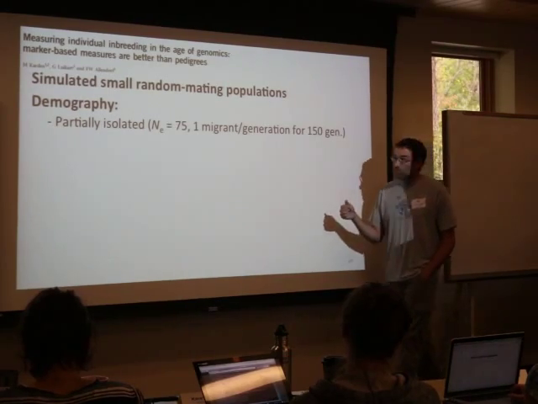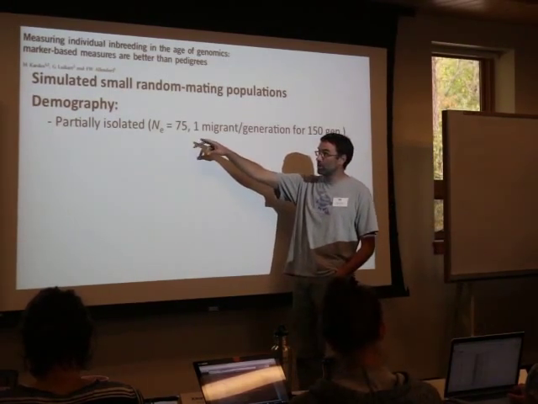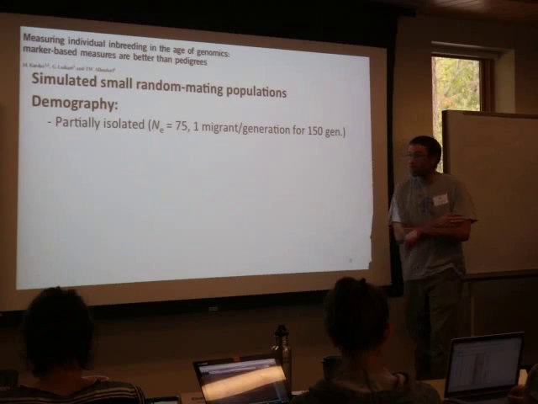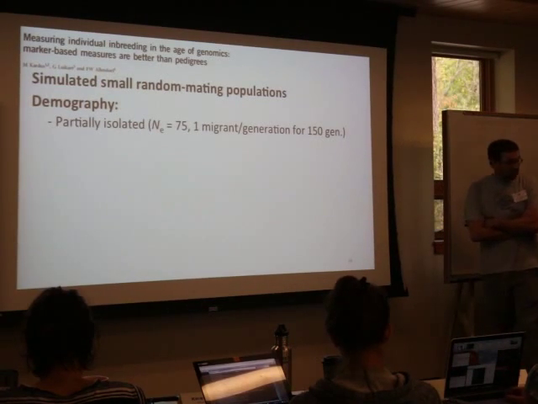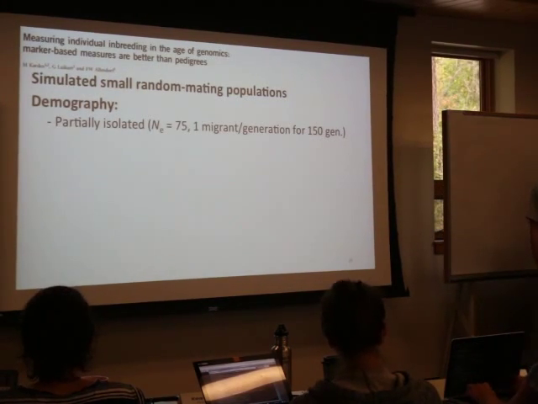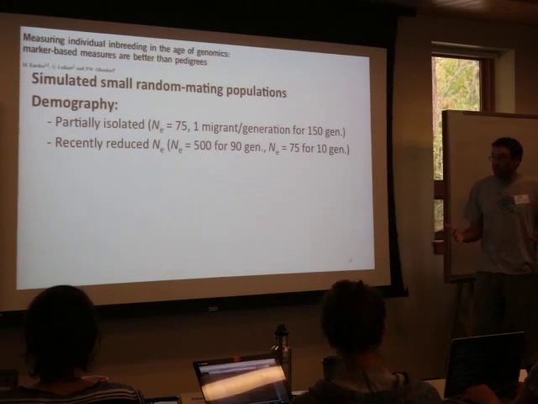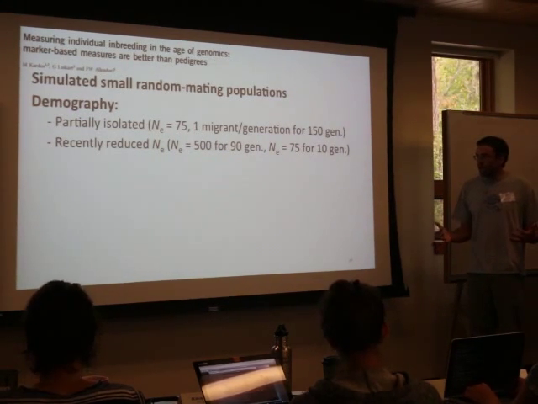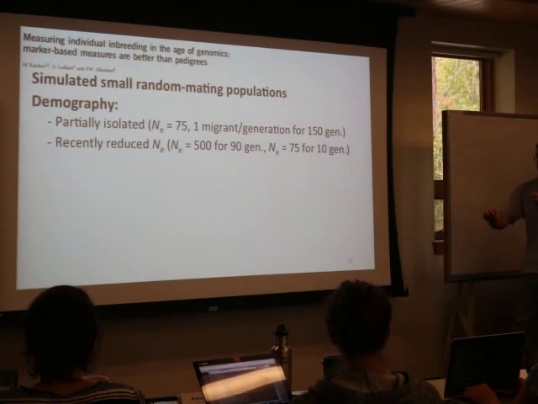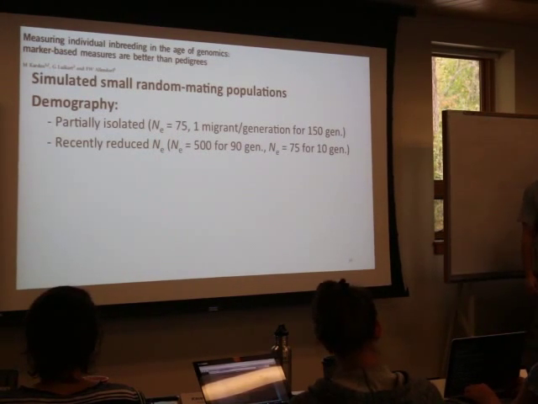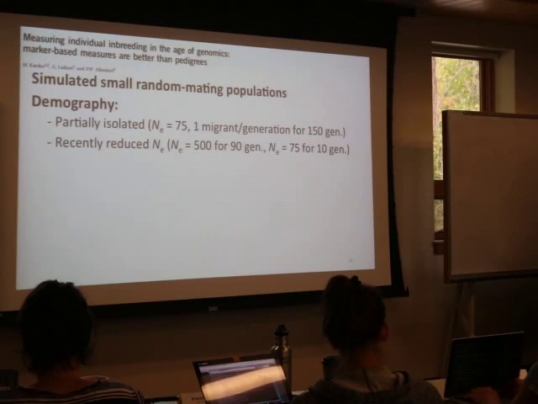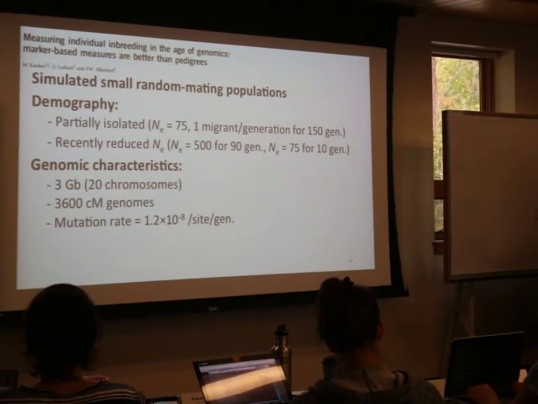One was simulations of partially isolated populations with a small effective size of 75 and one immigrant per generation for 150 generations. Then I simulated a large population of an NE of 500, relatively large, for 90 generations, and then threw in a bottleneck at the end for the last 10 generations. So this is a recently reduced or bottleneck population.